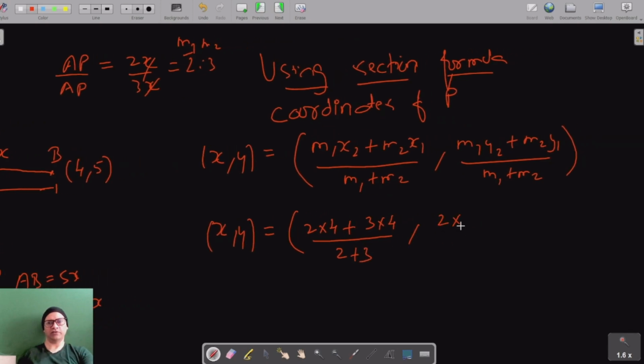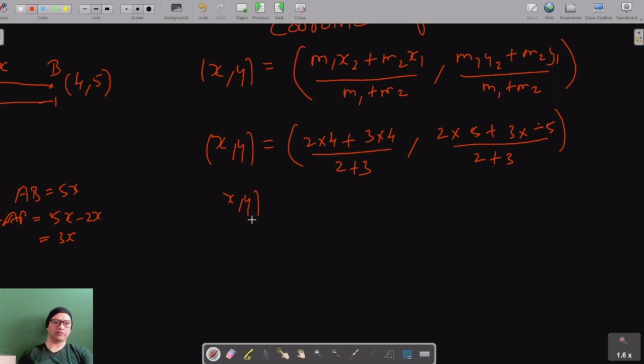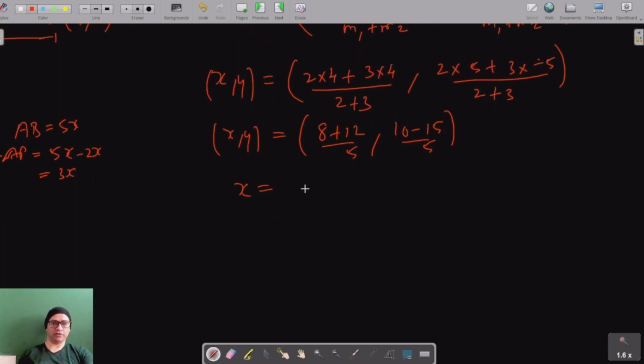Now m1 is 2, y2 is 5, m2 is 3, and y1 is negative 5, upon 2 plus 3. This gives us (x, y) equal to 2 into 4 is 8 plus 12 by 5, and this is 10 minus 15 by 5. So x is equal to 8 plus 12 is 20 by 5, and 10 minus 15 is negative 5 by 5, which gives us the coordinates. So these are the coordinates (x, y).